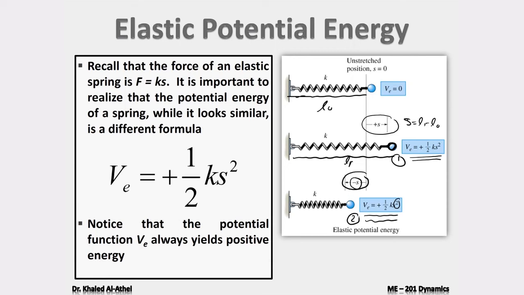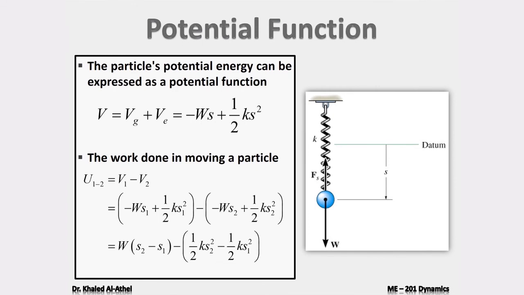Now, the confusion sometimes comes when students try to compare the potential energy of a spring that is done here in this case with the work done by a spring when we discuss the principle of work and energy. And I will have a proof to discuss this for you. Now, let's imagine this case. I have a particle.